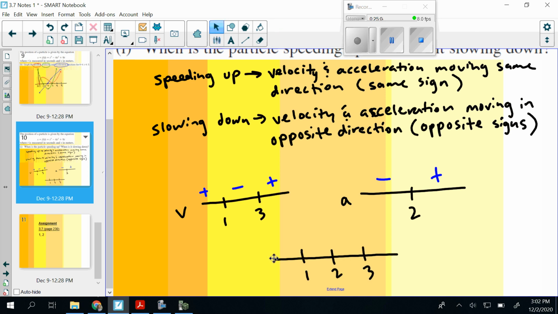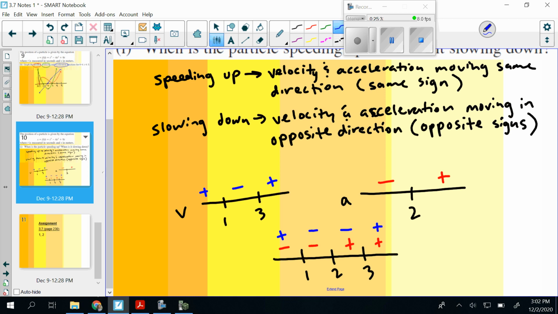I'll use some different colors here too so we can see this better. All right, so in here, in this range, our acceleration is positive all throughout here. Here it's negative. Our velocity, what we got for that is that it's positive here. Between 1 and 3, it's negative. And after 3, it's positive.